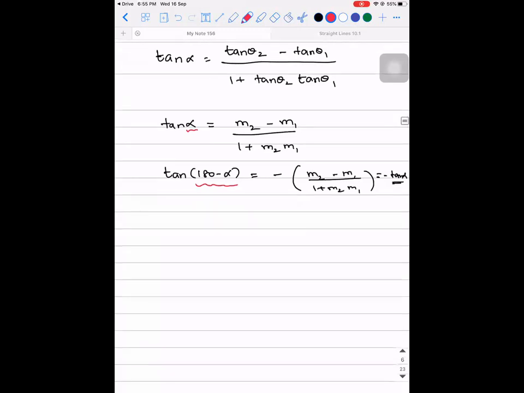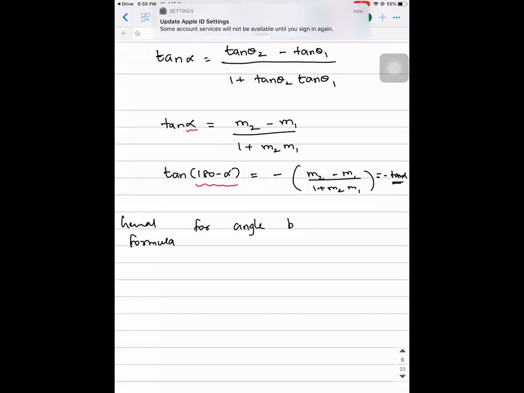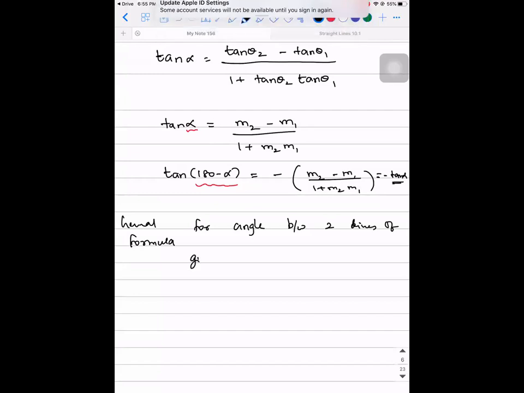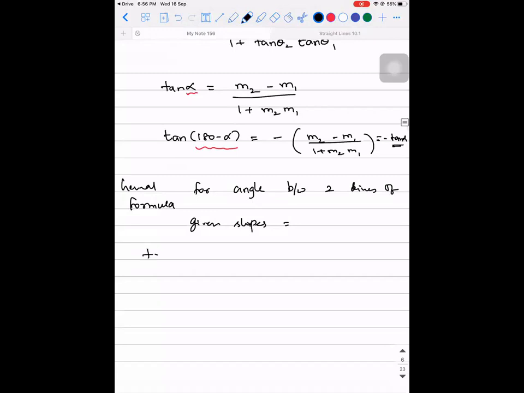So when you do this, the general formula for the angle between two lines of given slopes is tan alpha equal to plus or minus m2 minus m1 divided by 1 plus m1 into m2.